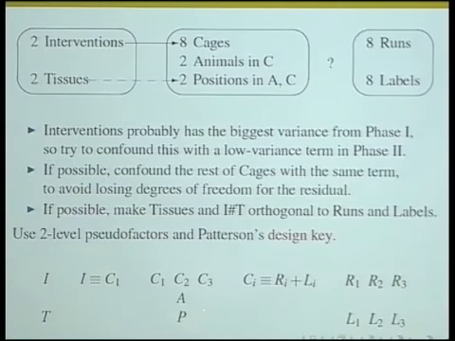What about A? Well, A is only animals within cages. So A and all combinations of A with any C's give you the rest of animals within cages. That's 16 animals. You can't make 16 orthogonal to 8 runs in something of this size. So something within there will be aliased with runs, and there's really, again, no loss of generality in taking A itself to be one of those R's.